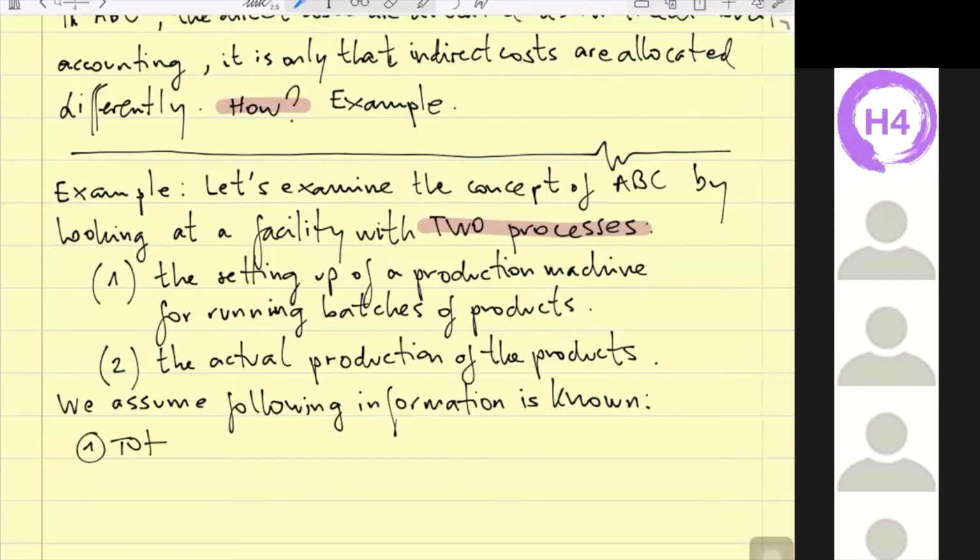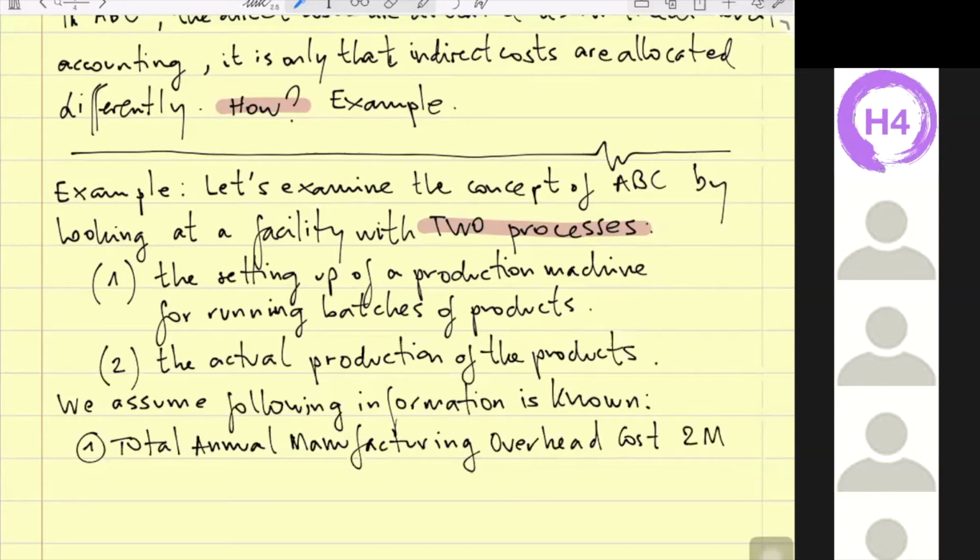One, total annual manufacturing overhead is 2 million euro.